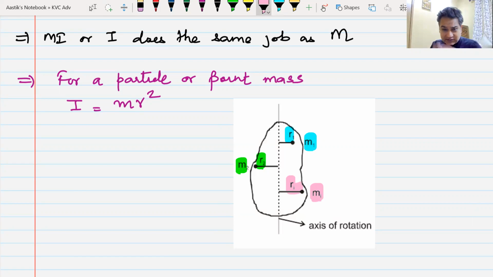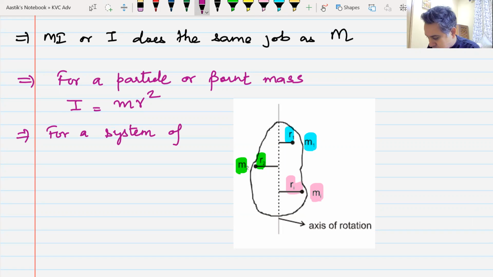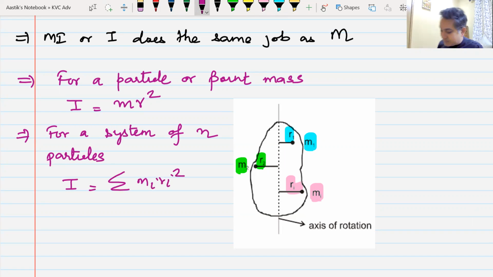So for a system of n particles, only particles, the total moment of inertia will be the summation of mi ri square. Do we understand this? Yes or no?